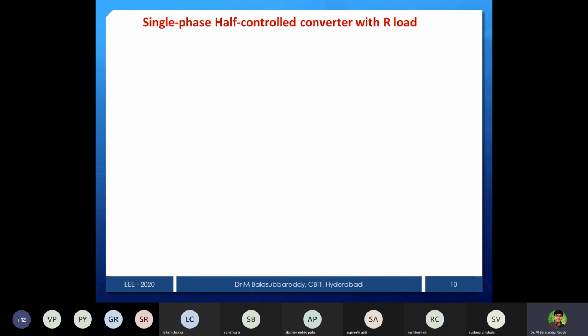Now that is the circuit operation, and now you see the derivation. What is the derivation? You need to derive all the quantities. What are the quantities?